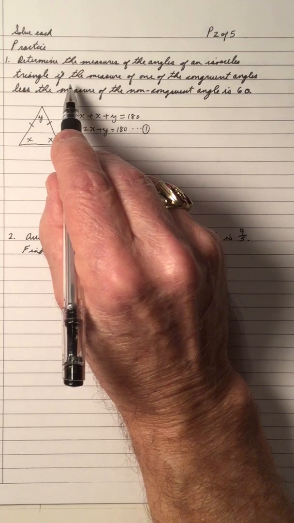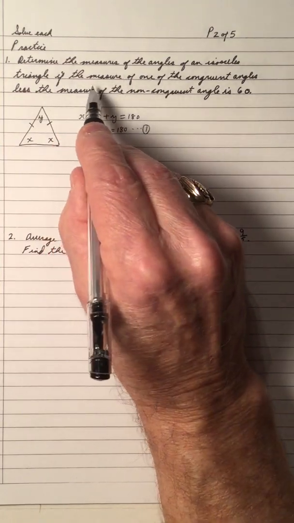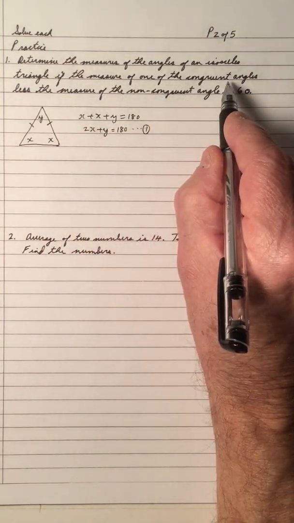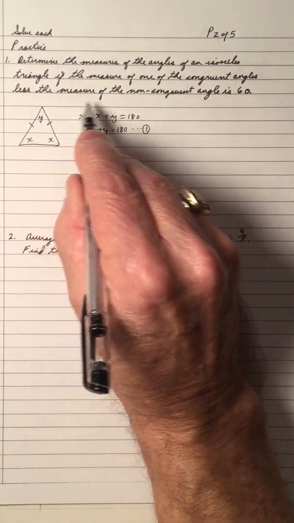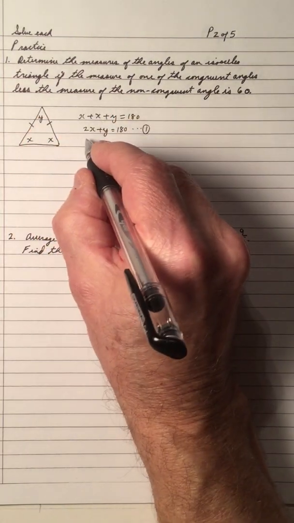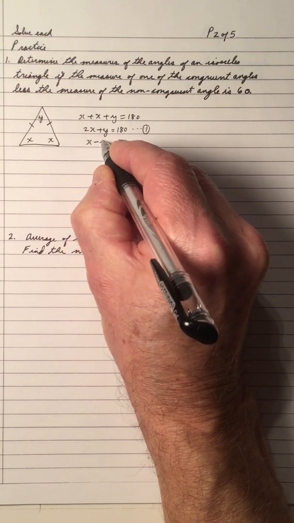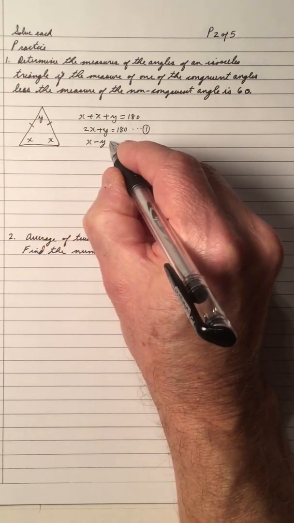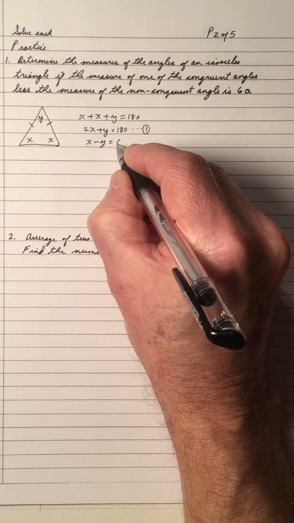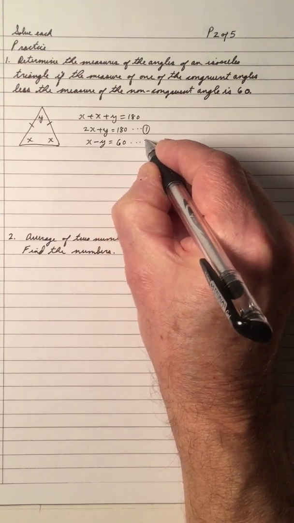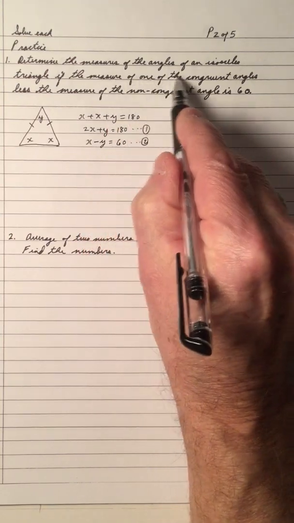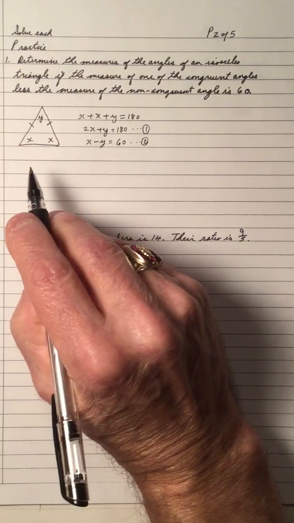Now, let's see if we can come up with another. The measure of one of the congruent angles less the measure of the non-congruent angle. So one of the congruent angles is x, less the measure of the non-congruent angle, which is y, equals 60 degrees. So this sentence gives me the second equation.